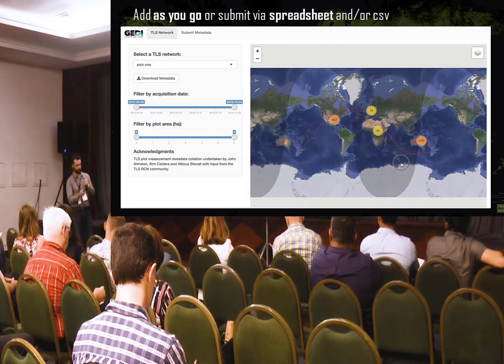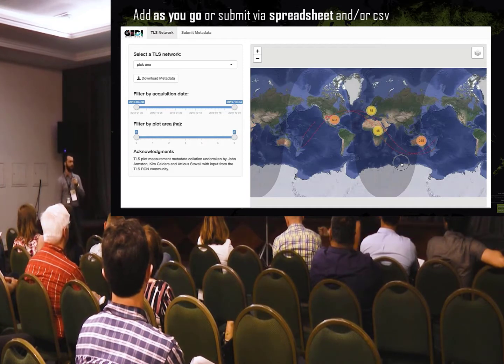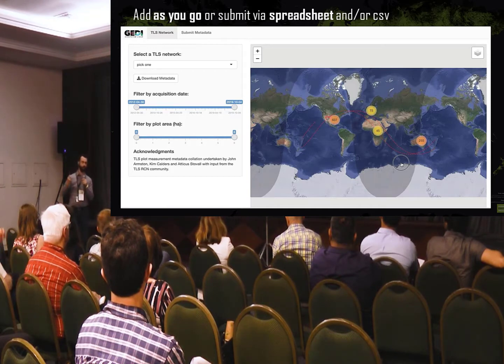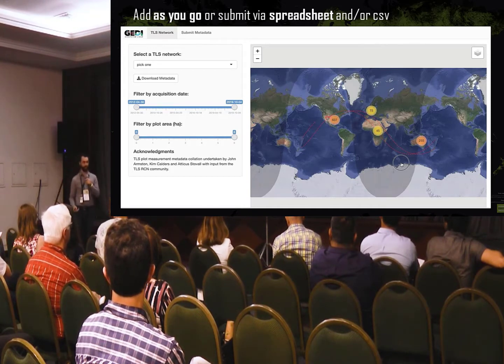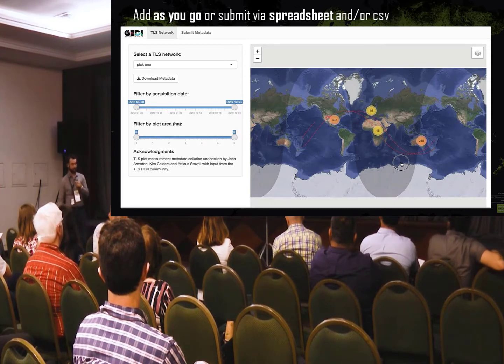So, the way that this is working, let's see if this works. Yes! Okay, so what we put together were a couple means for you to potentially submit your metadata. One of them is a Google form, which is admittedly a very inefficient way to submit your metadata, especially if you have a ton of terrestrial LiDAR that you've already collected.